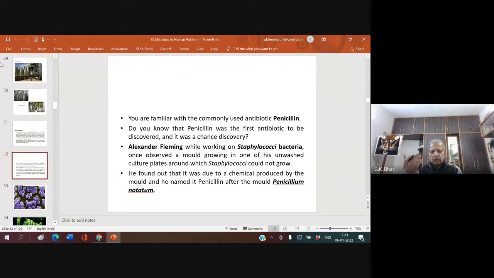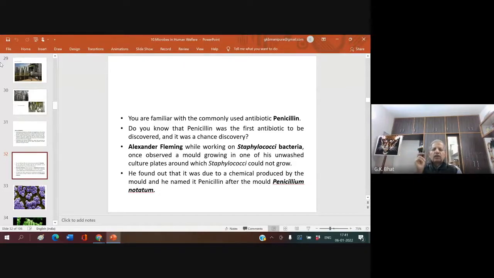What was he doing? Alexander Fleming had kept some of the vessels for the experiments he conducted. He was using some vessels and he kept some plates unwashed.